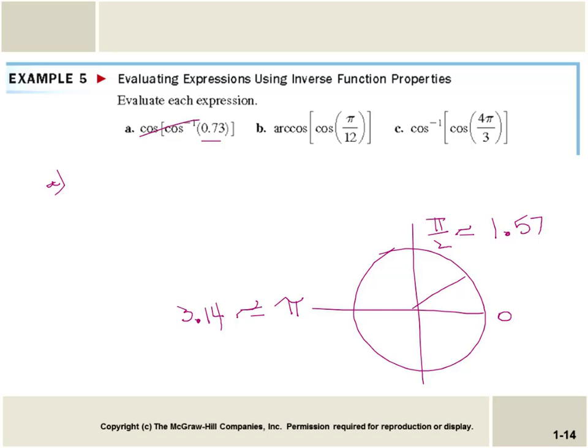If we canceled everything, we would end up with 4 pi over 3, right? What quadrant is that in? I'm just going to do it out loud for everybody. It doesn't really help me just for you to give me the answer. So it would be in quadrant 3, right?